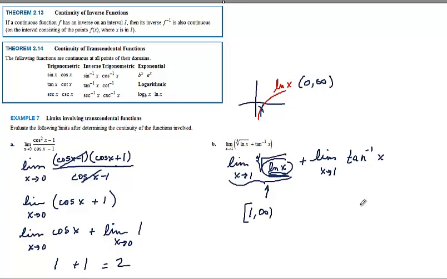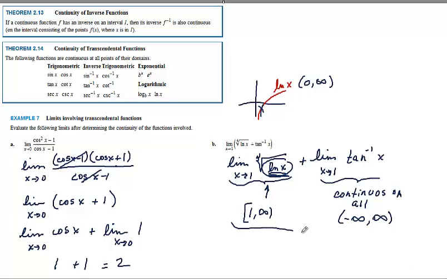Now the inverse tangent is actually continuous on all negative infinity to infinity, but seeing as this function is a combination of that, it can't be continuous from negative infinity to infinity.